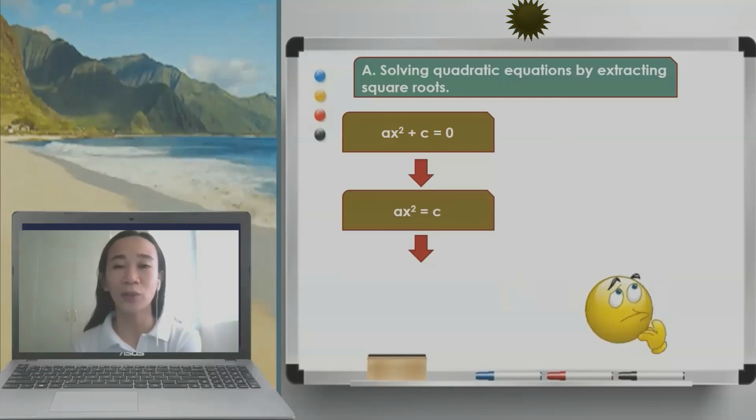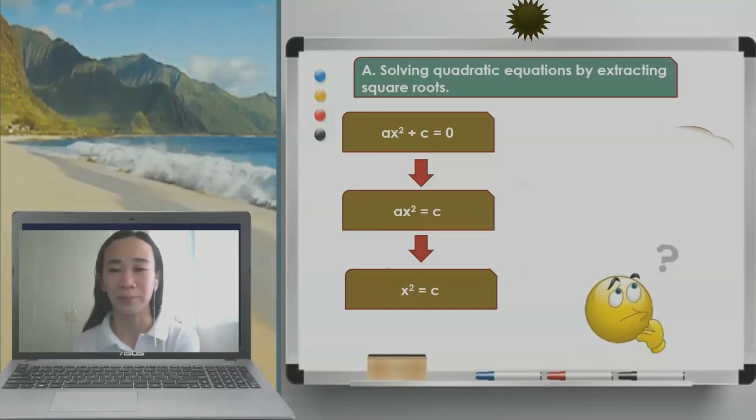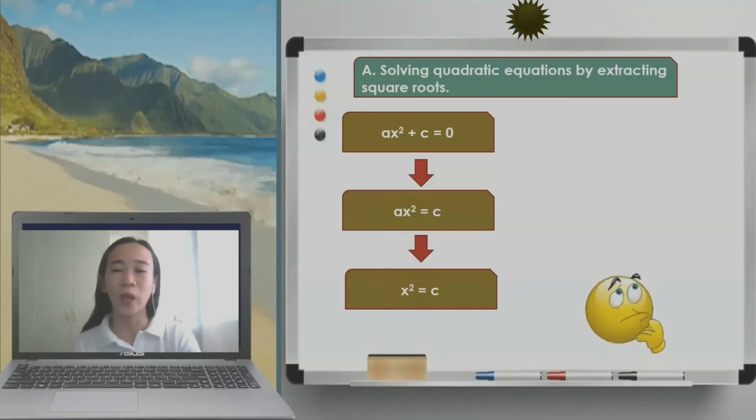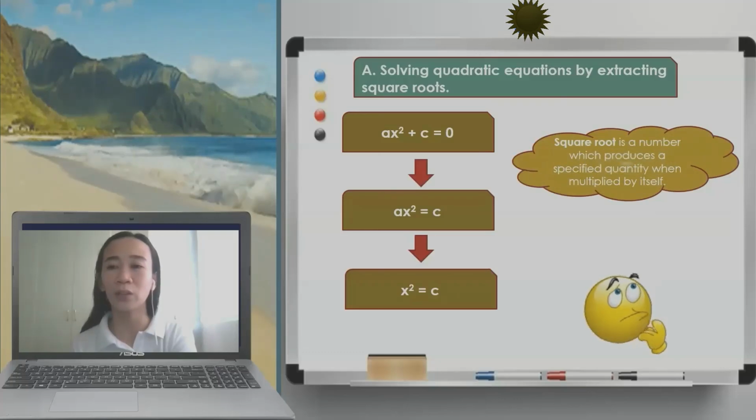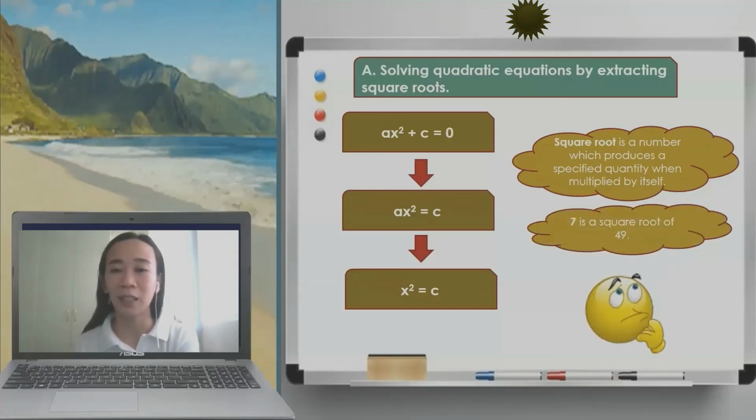Since a can also be equal to 1, our equation can be x squared is equal to c. What is a square root? A square root is a number which produces a specified quantity when multiplied by itself. For example, 7 is a square root of 49.